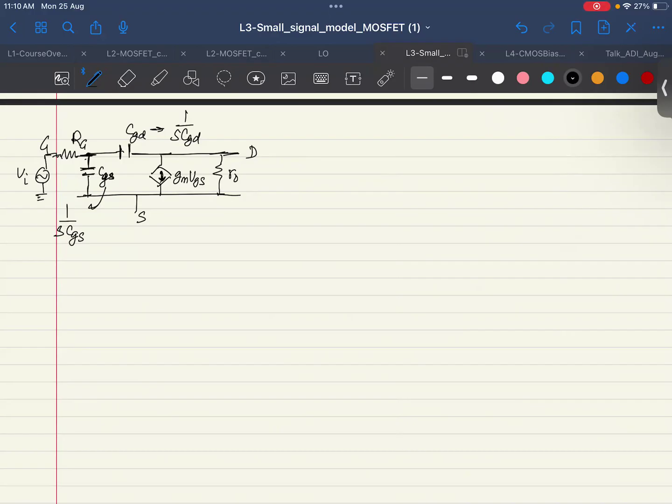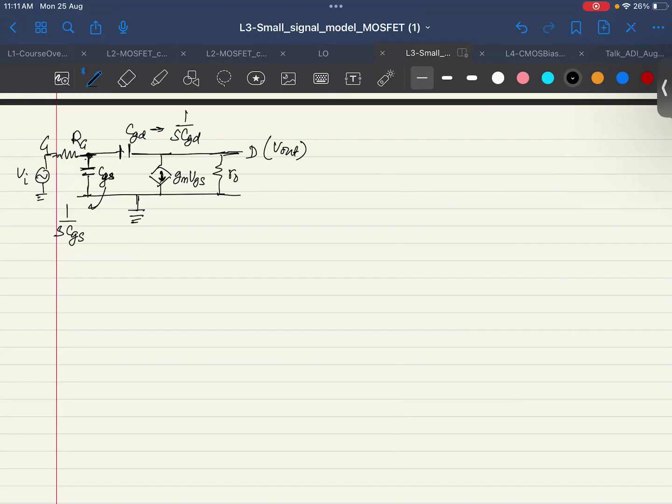So if we are taking a common source kind of configuration, that means obviously source is grounded. You're taking your output here, and this is an open circuit output. One can attach a load and do the calculation, but because we are just going to do it without a load, or with an infinite load like a current source load, right?